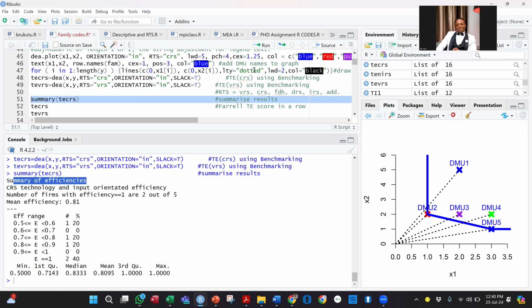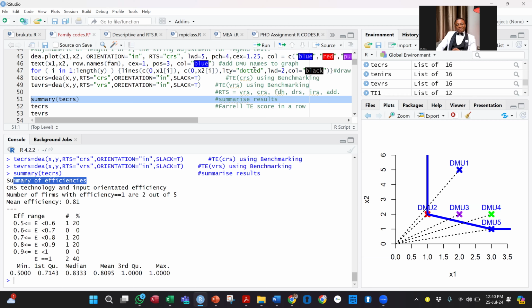Look at the summary result, unless you've not run it. Read what it says. So what does that mean?